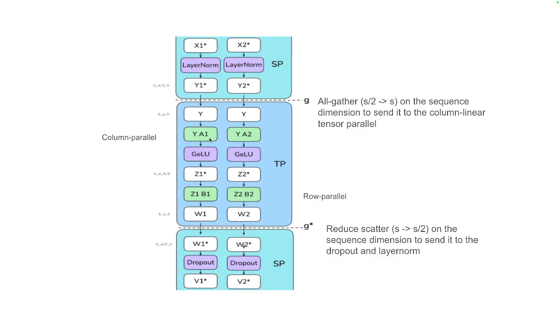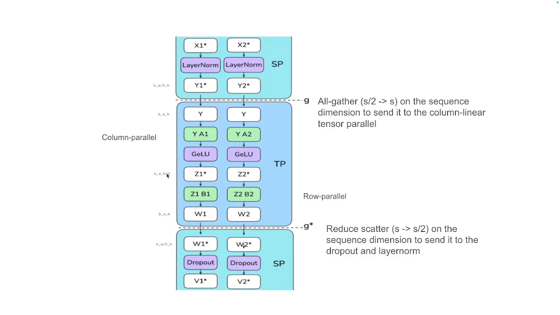So you first do a column parallel, and you multiply the weights with these two duplicated input matrices, and then you apply an element-wise nonlinearity, and you get back matrices which are hidden dimension divided by 2.